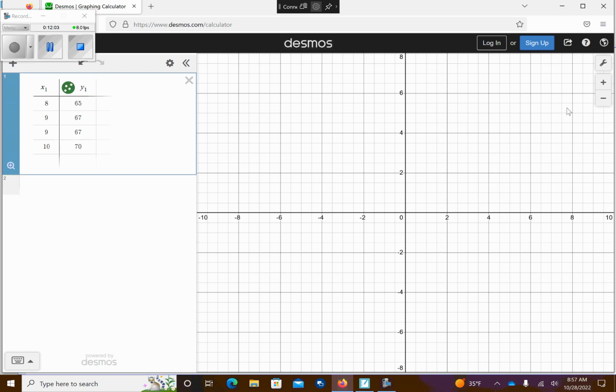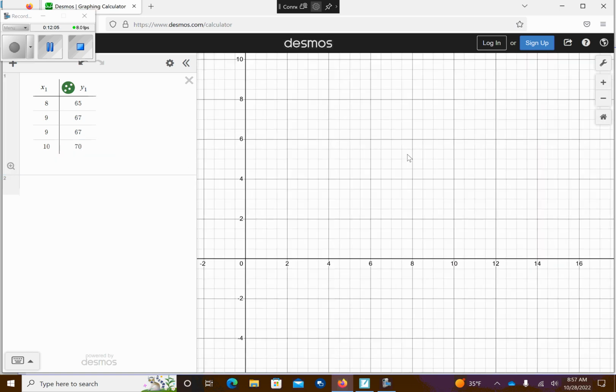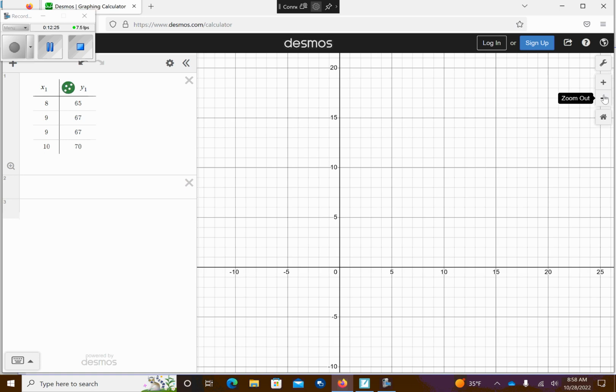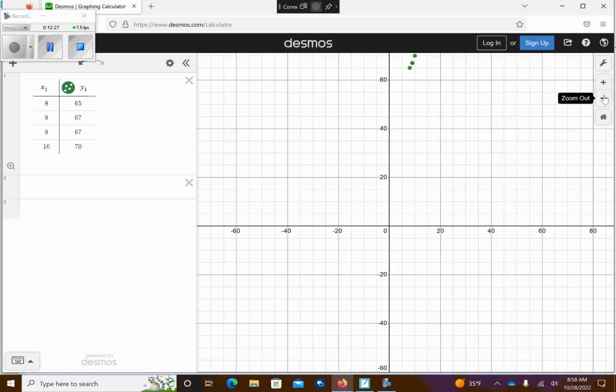Okay, so I can find my data. Where's my data? Why is it picking on me? What did I do wrong? I have y values that are in the 60s.